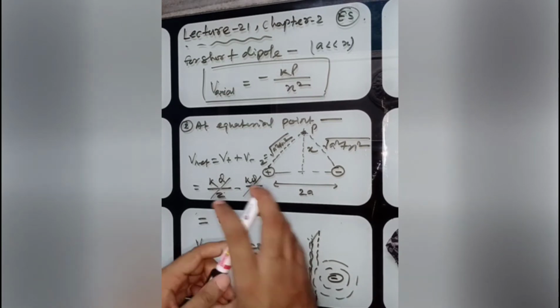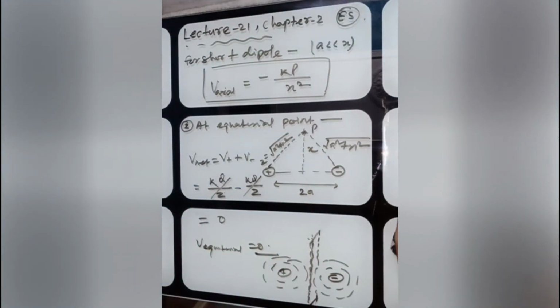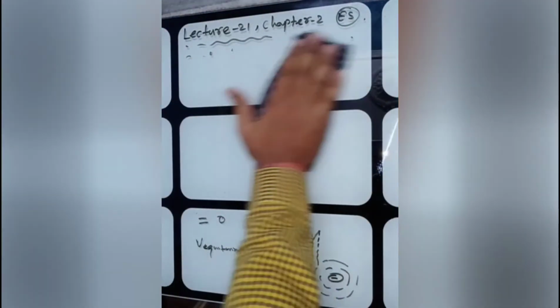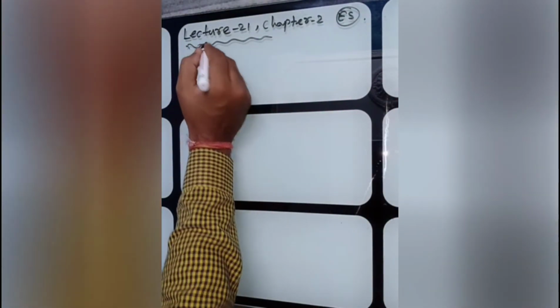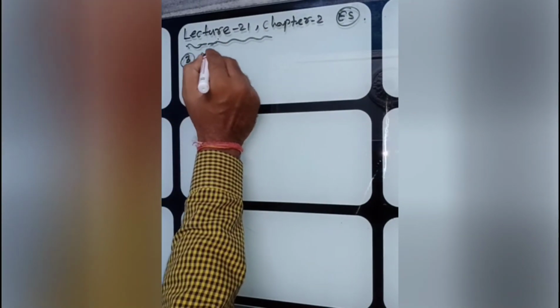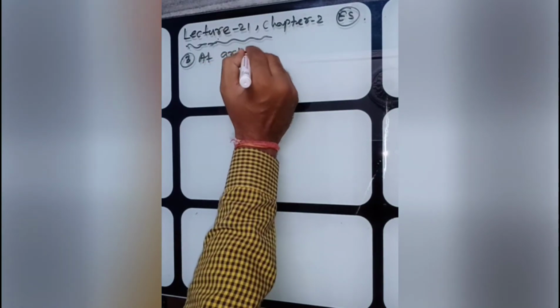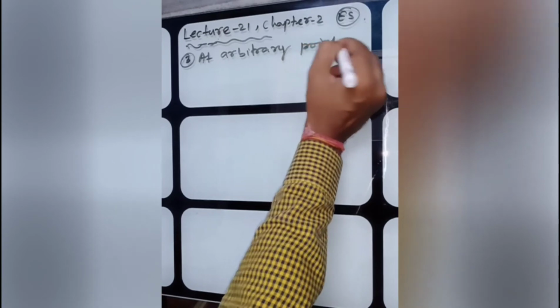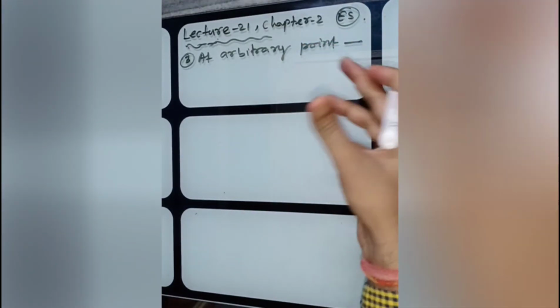Okay, my dear friend. Now the potential at an arbitrary point is very important, and this particular derivation is given in NCERT. So give the heading: potential due to dipole at, this is the third case, an arbitrary point. This is also termed the general point.